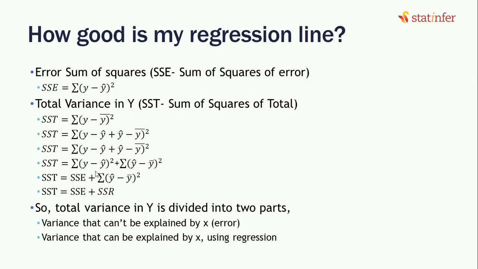We will do this in this mathematical example. So we have the error sum of squares, which is SSE, denoted by the original y value minus the predicted y value, this error squared, and the sum of it.